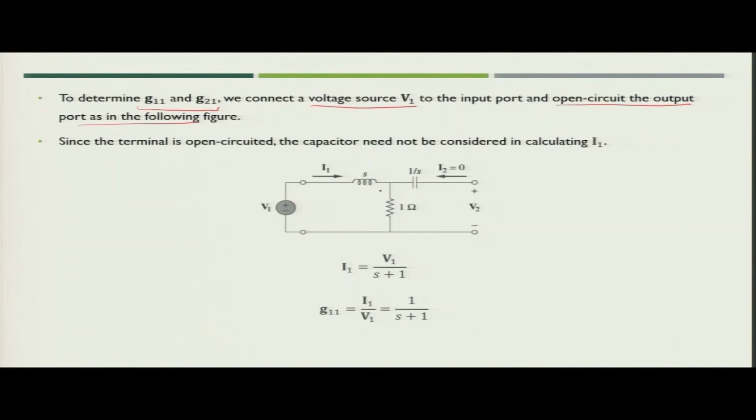You can simply represent it in terms of V1 and the other circuit components. I1 is equal to V1 upon S plus 1, because this voltage will be applied across the inductor and the resistance. So G11 is nothing but I1 upon V1, that means 1 upon S plus 1.